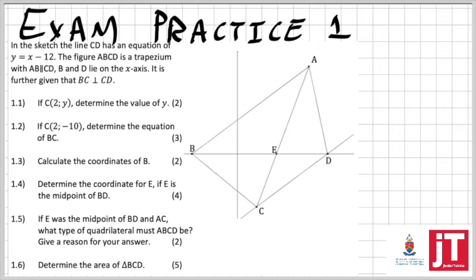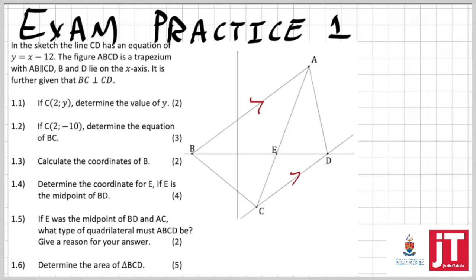In the sketch, the line CD has an equation of y equal to x minus 12. So that's CD. The figure ABCD is a trapezium with AB being parallel to CD. I like to put those things in on the sketch.